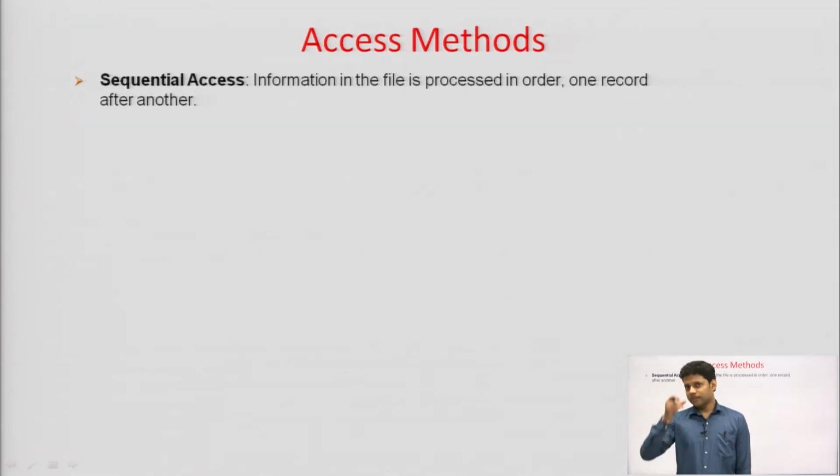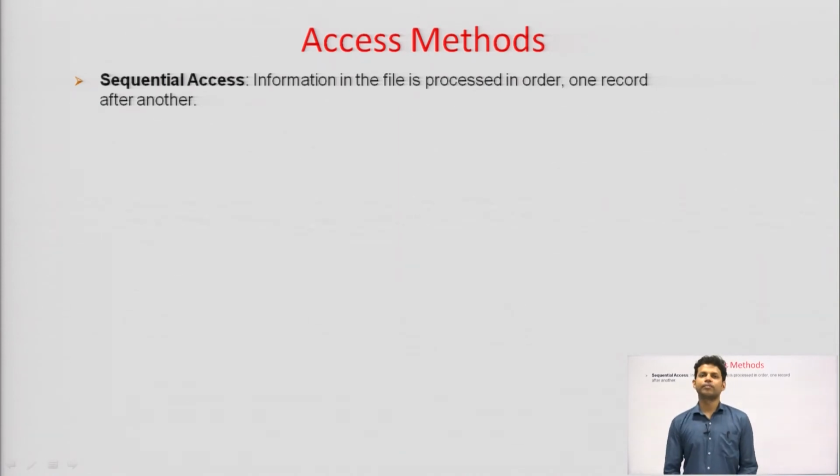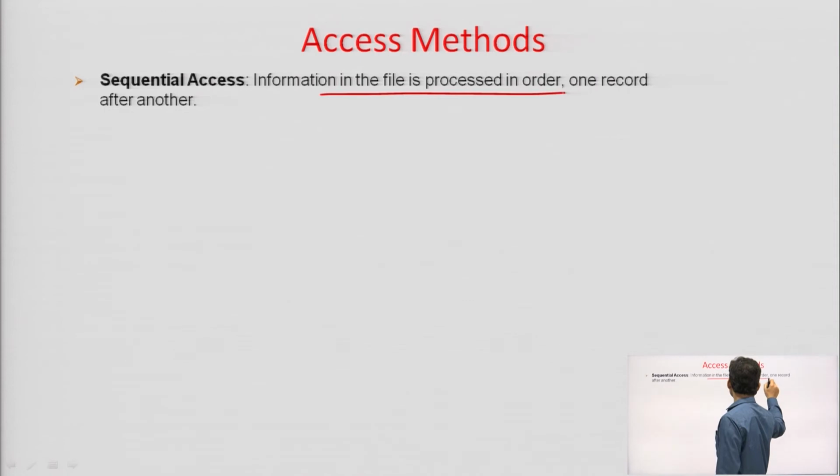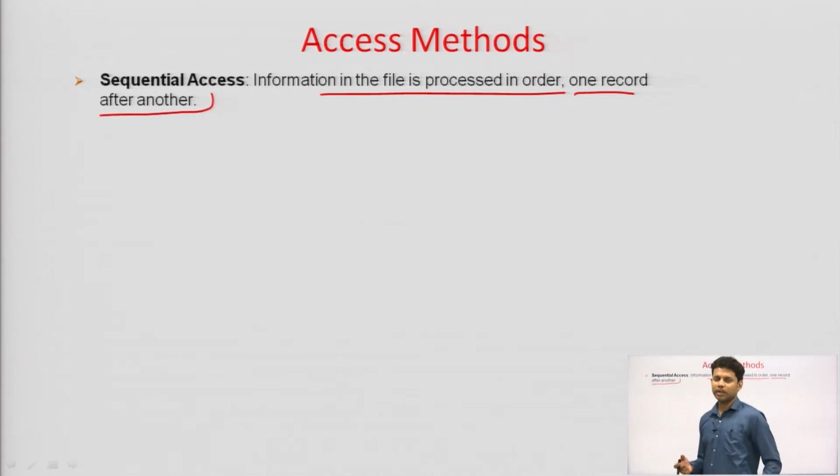This is very important: what are the several access methods? First is sequential access. Information in the file is processed in order, one record after another, or you can say linear.